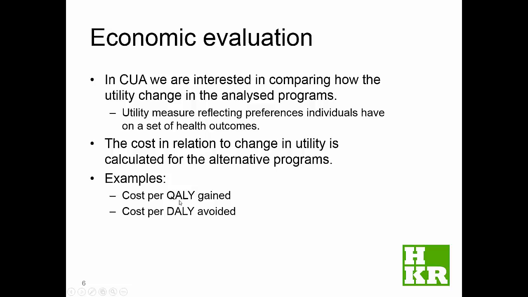One type of utility measure is the QALY, and another is the DALY. We will get back to these later in the course, but examples of results from a cost utility analysis can be cost per QALY gained or cost per DALY avoided.